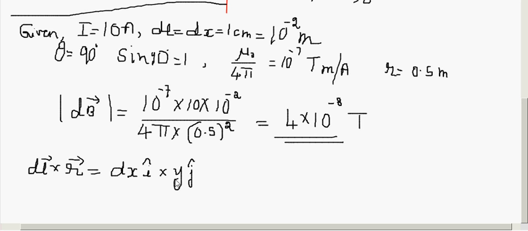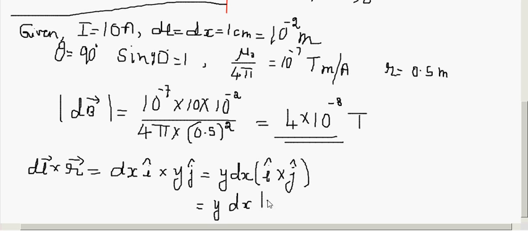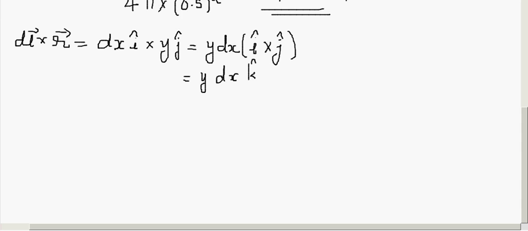Therefore it is equal to y dx into i cross j, and we know i cross j is k, the unit vector along z. So it is y dx into k. Therefore the direction of the field is along the plus z direction.